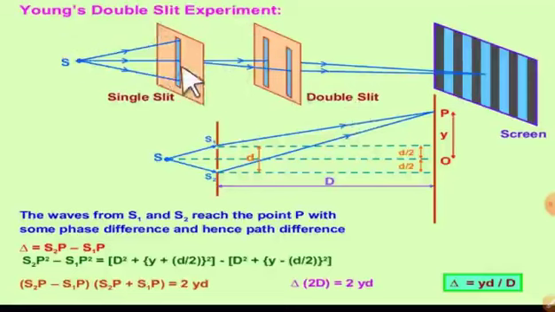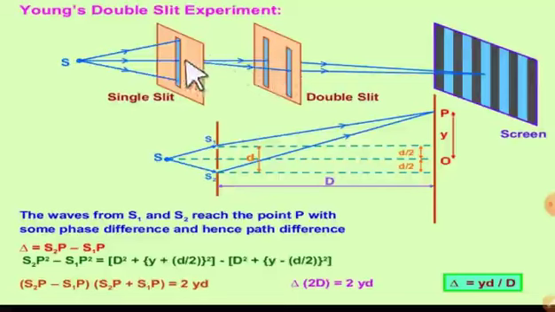So as to produce coherent sources. Two coherent sources are possible by means of a double slit. The light approaching this double slit is not from two sources, rather it is coming from a single source.